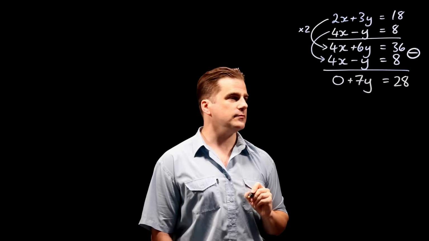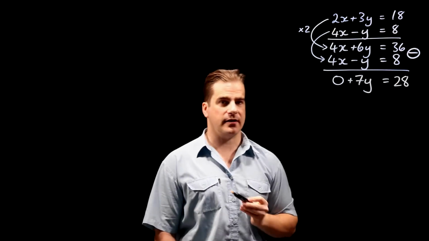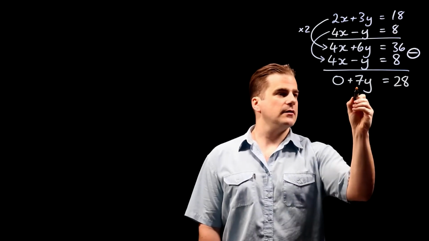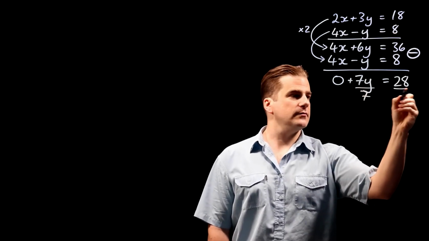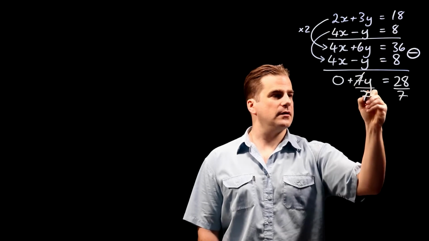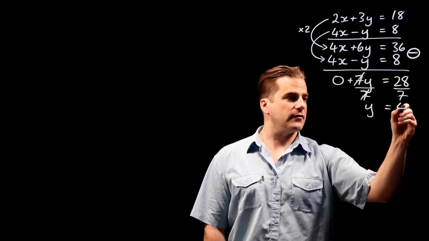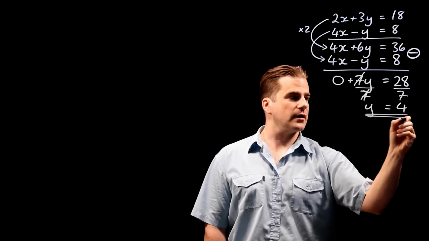So we're left with 7y is 28. And now you just use your algebra skills, divide both sides by 7. And you get y, 28 divided by 7 is 4.